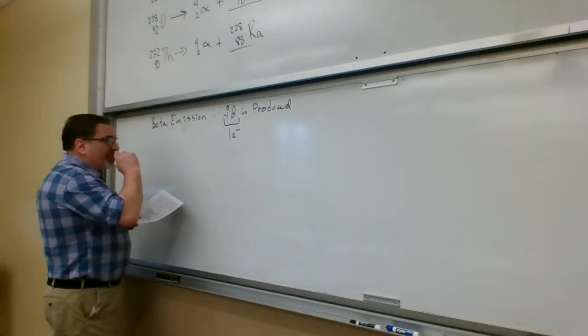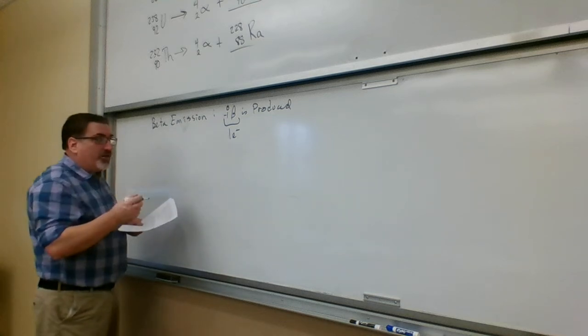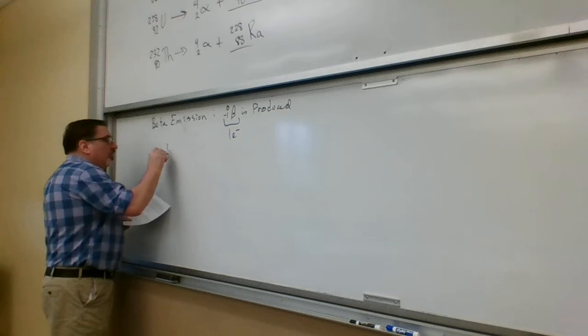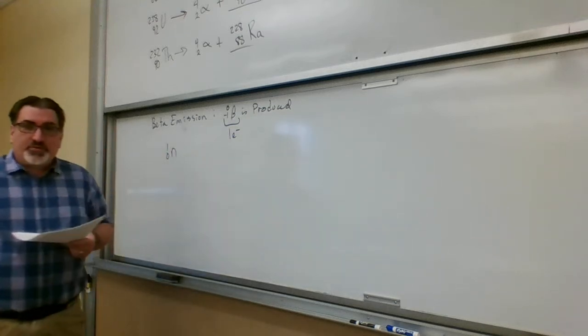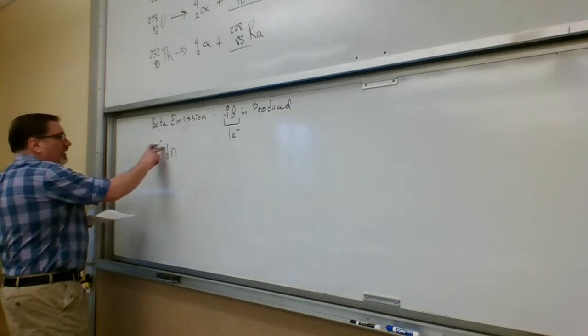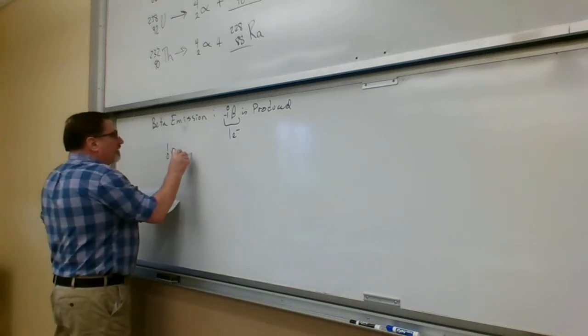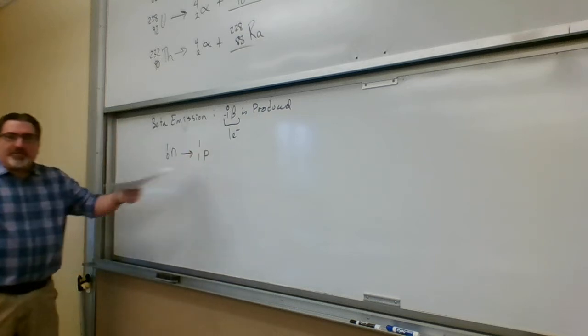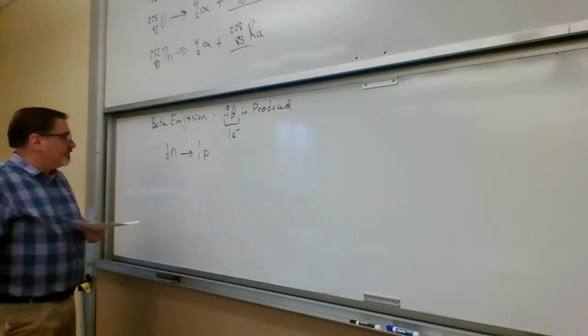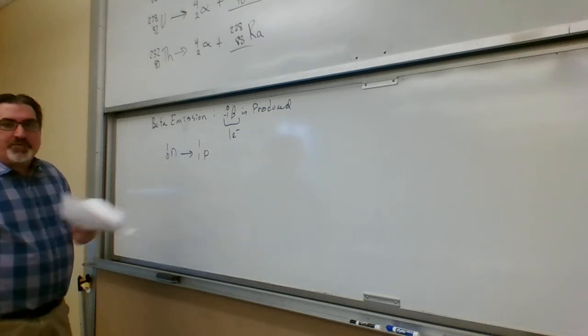So in a nucleus where there are too many neutrons, a neutron, which is 1 over 0 and a small n for a neutron, mass of 1, no charge, converts itself into a 1 over 1 proton. That's a small p for proton, not big P for phosphorus. So a neutron converts itself into a proton.